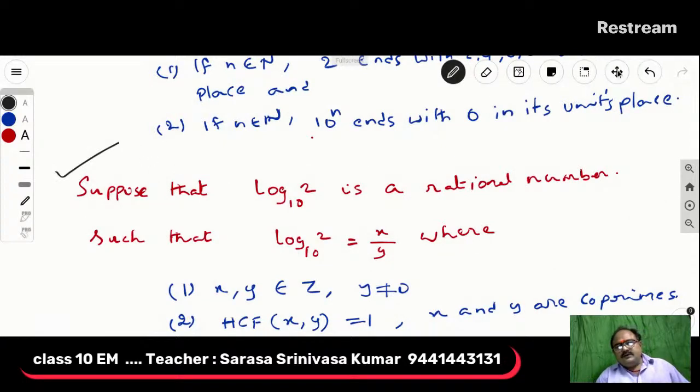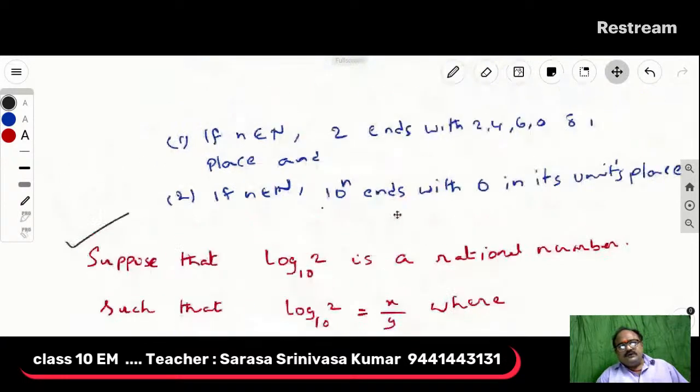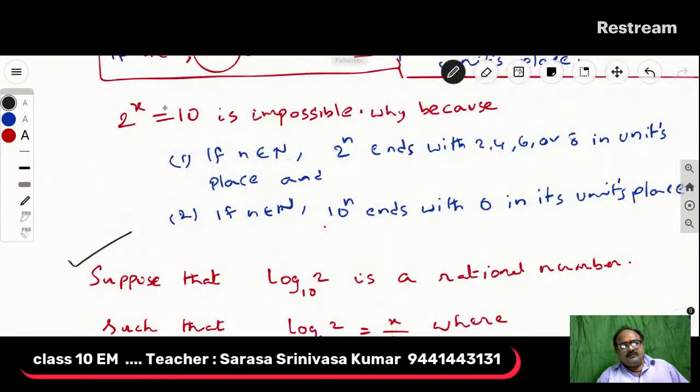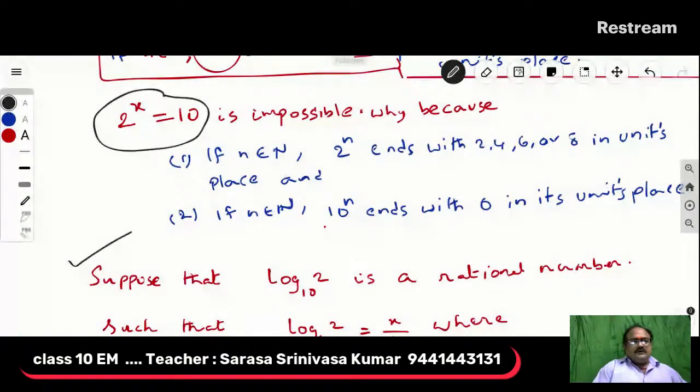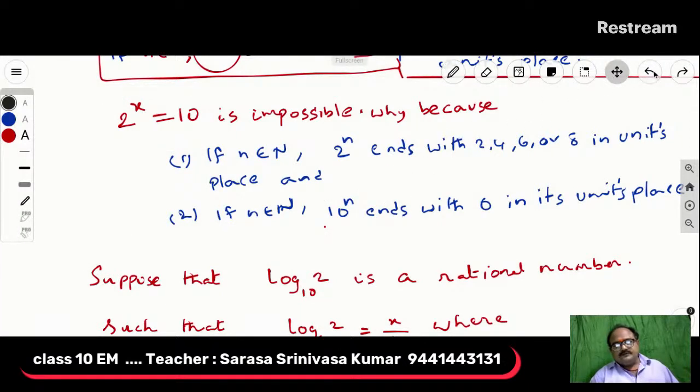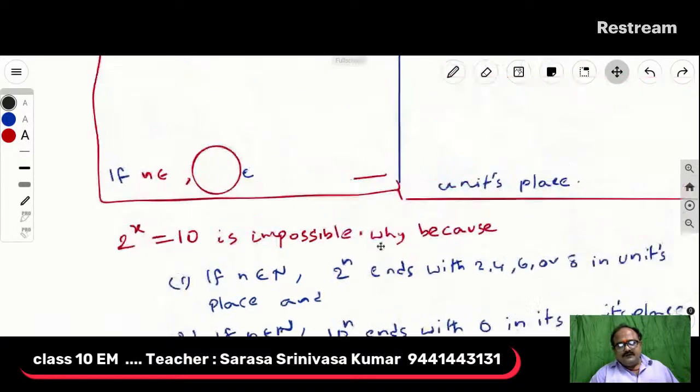I would like to prove that 2 power x cannot be written in the form of 10. That is, it cannot be equal to 10. If it is not equal to 10, 10 power n is also not possible. That is why we have written all these steps. So I would like to explain this briefly.